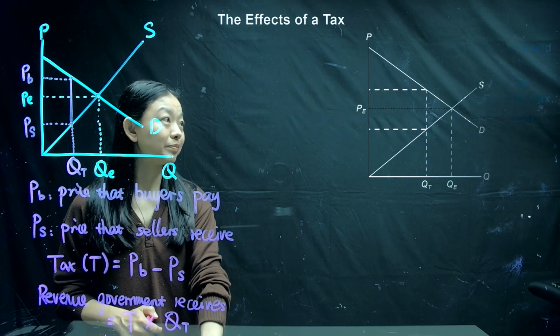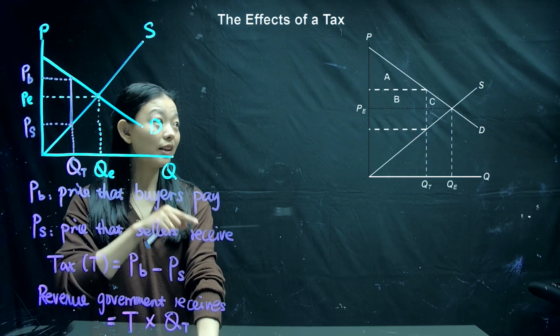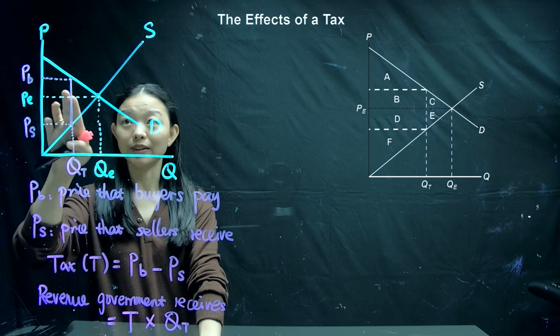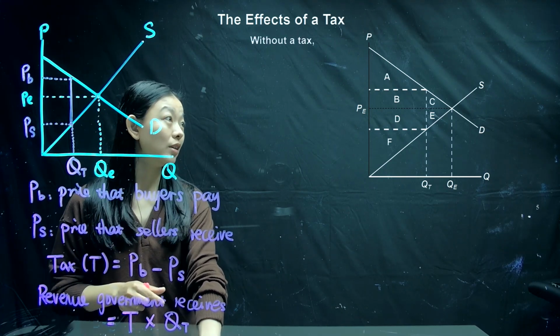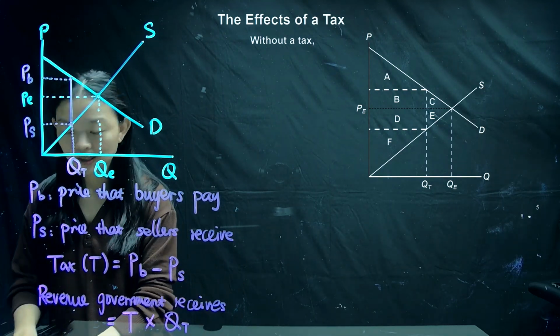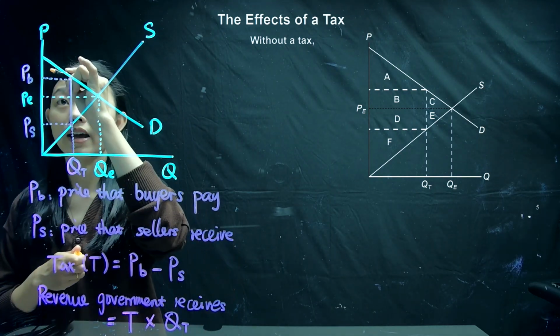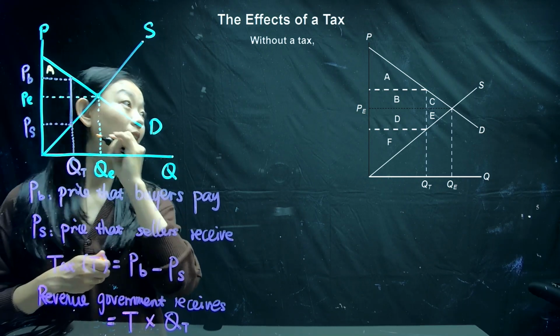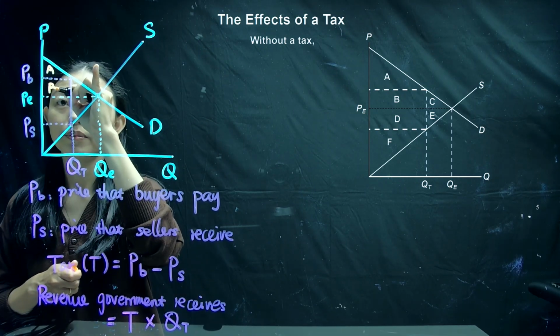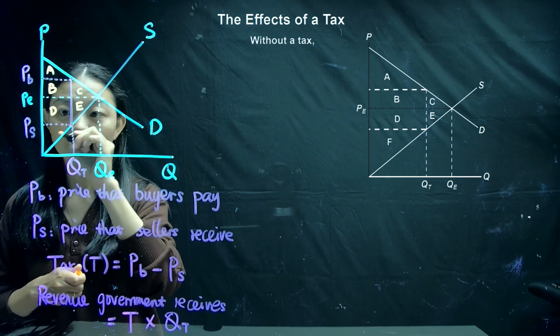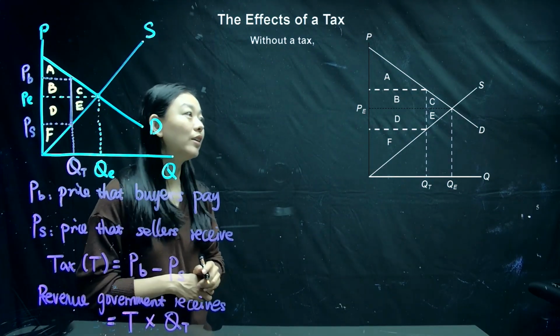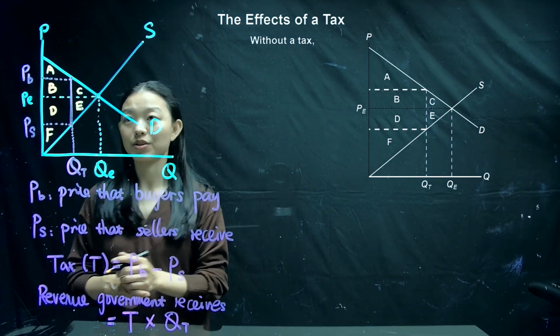Now let's see. Here it divides this graph into several little chunks. I will mark them as A, B, C, D, E, F, similar to our lecture slides.